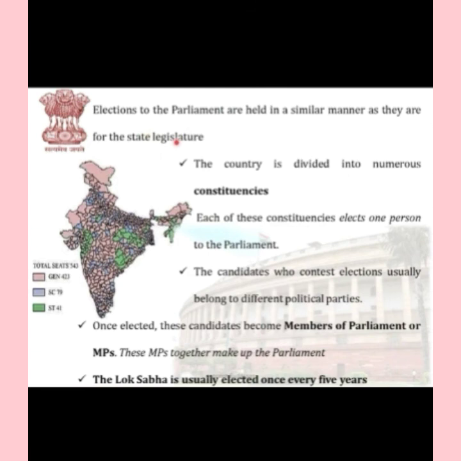The country is divided into numerous constituencies. Each of these constituencies elects one person to the parliament. The candidates who contest elections usually belong to different political parties. Once elected, these candidates become the members of the parliament. The Lok Sabha is usually elected once in 5 years.